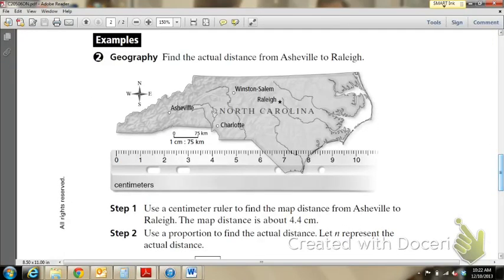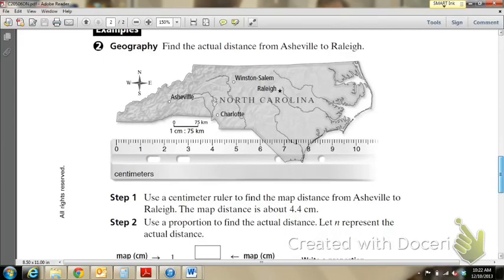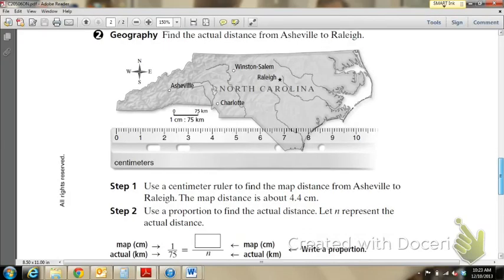In example 2, now we have an actual map here. So they were nice and gave us a little ruler to measure with. So they want us to find the actual distance from Asheville to Raleigh. So we're going to use the scale. I'm going to come down a little bit.